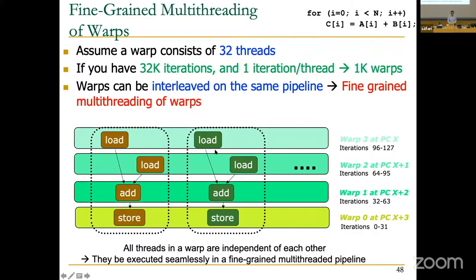And in the other load unit, you may have warp 3 executing iterations 96 through 127. So you can see that different sets of iterations are getting executed on different functional units. I don't even show the decode and fetch stages, but you can have warp 4 being decoded, for example, and warp 5 being fetched, because these are doing exactly the same things. They follow through the pipeline nicely, and they're completely independent of each other.